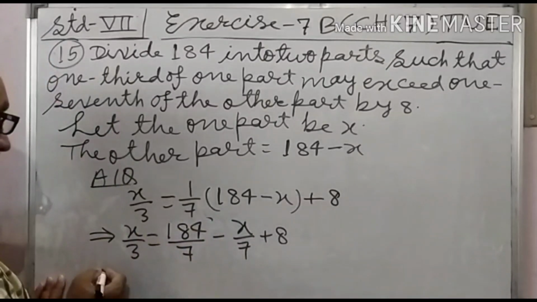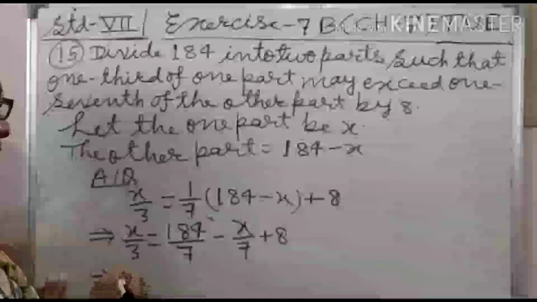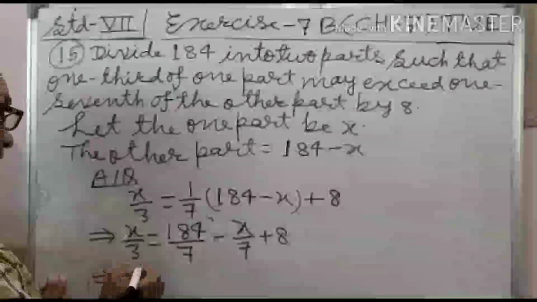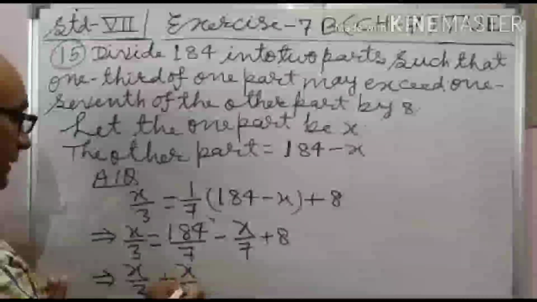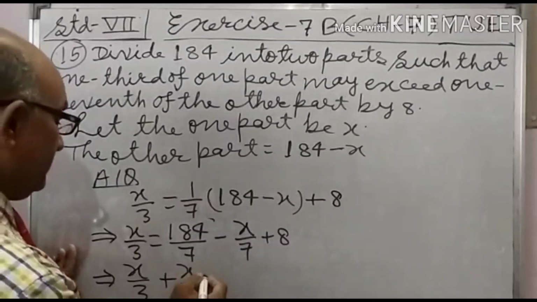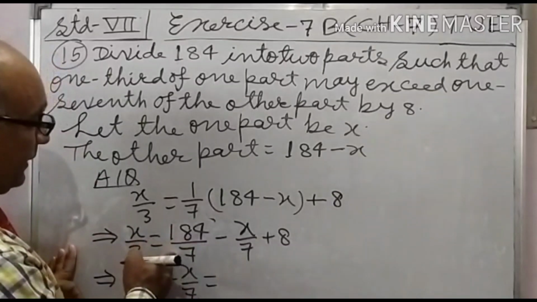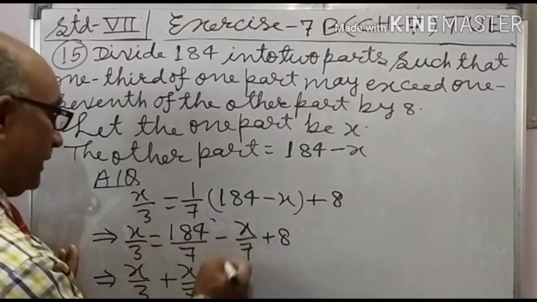Now write the variables on one same side. So x by 3 plus x by 7 equal to 184 by 7 plus 8.